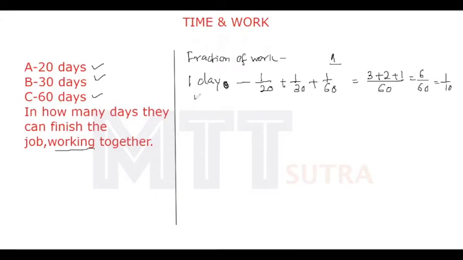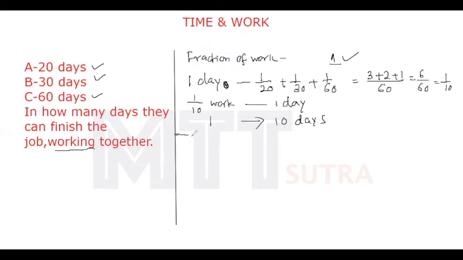So 1 by 10 of the work is done in 1 day, working together. Total amount of work is 1 part. So 1 part of the work will be done in 10 days. So this is about the fraction of work method.